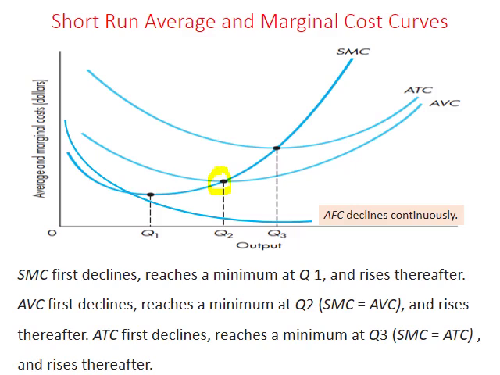And this intersection is the minimum of average total cost. When the marginal cost intersects average variable cost and average total cost, it intersects at the point of minimum average variable cost and minimum average total cost respectively.